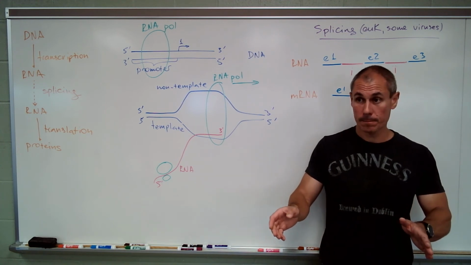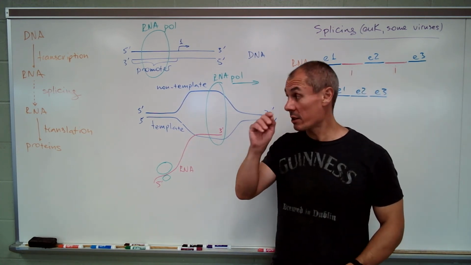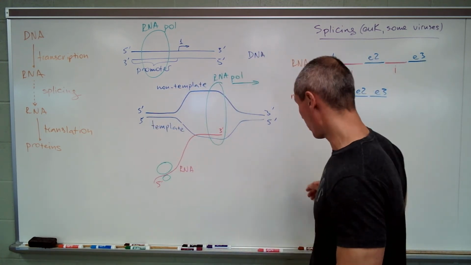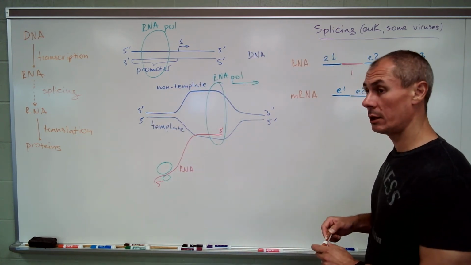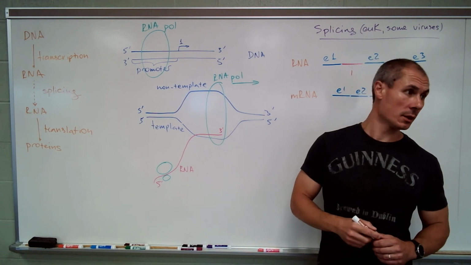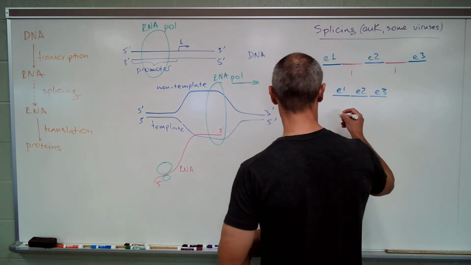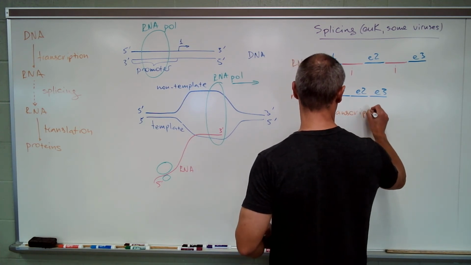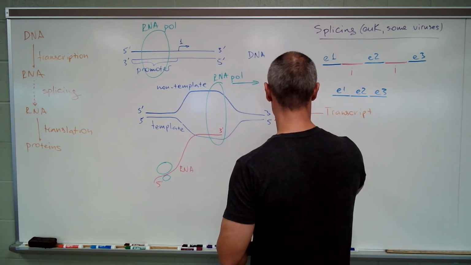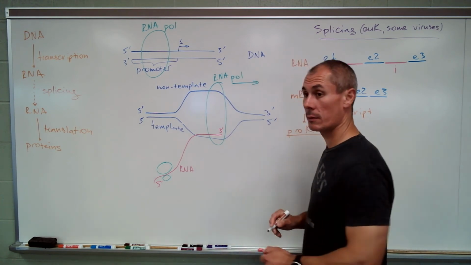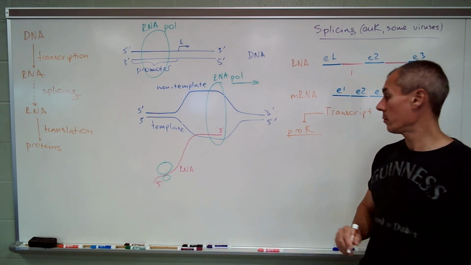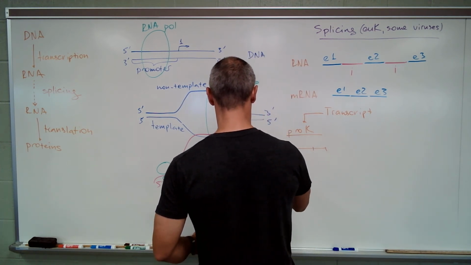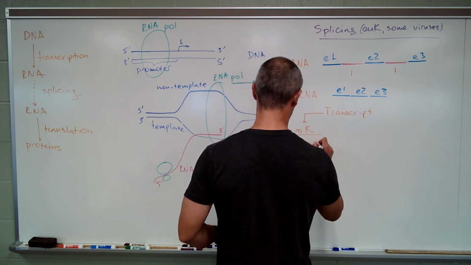We good so far? Now another difference between prokaryotes and eukaryotes in terms of transcription is the number of genes in a single transcript. So if you look at prokaryotes, imagine that you have DNA with genes 1, 2, and 3.